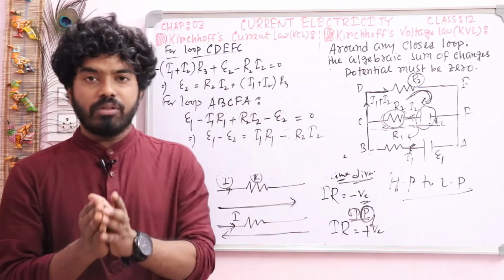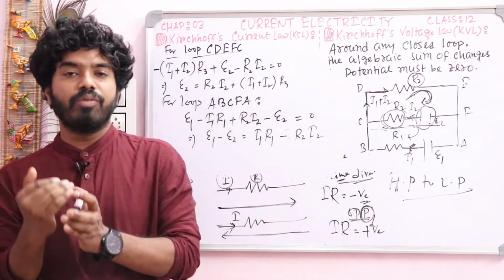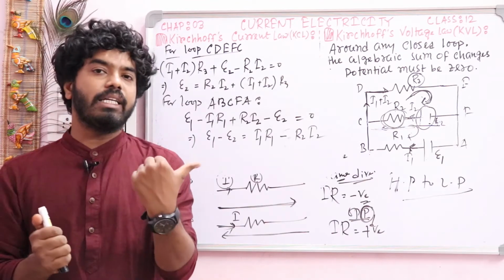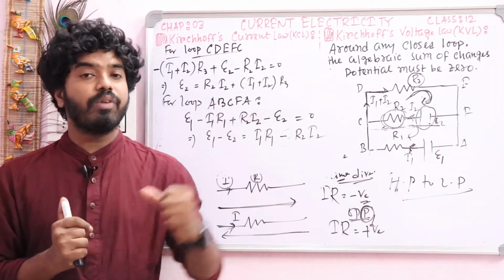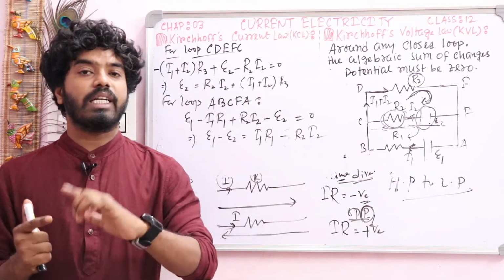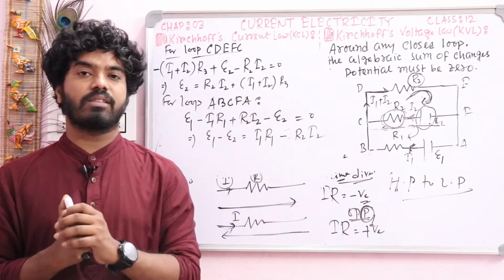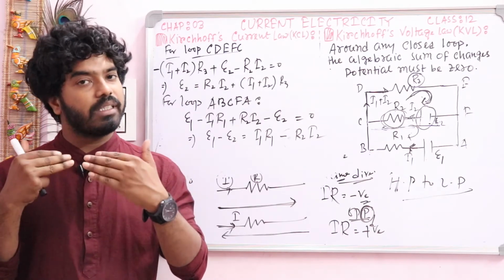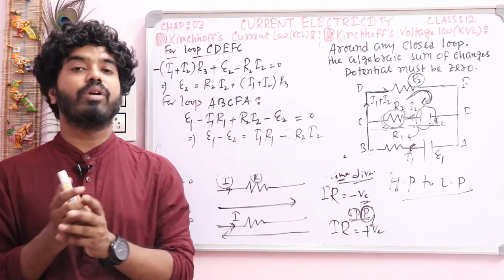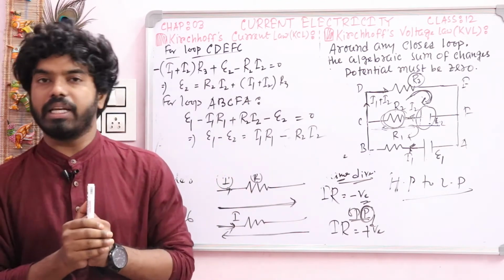Okay, so the basic rule is that for a battery, when you are moving positive to negative, you have to consider a negative sign. When you are moving negative to positive, you have to consider a positive sign. And for resistance, when your direction and the direction of current are opposite, in that case it is positive, and when your direction and current direction are the same way, in that case you have to consider negative.